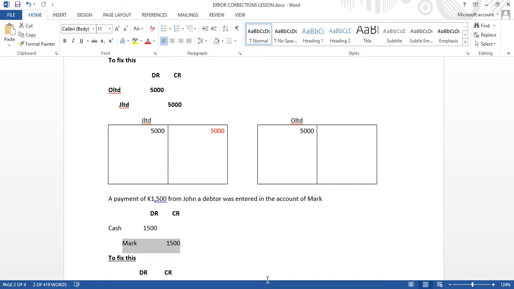Oh, that's where the receivables ledger comes in. The receivables ledger has the T accounts of each individual receivable. Your receivables ledger has all the individual accounts of everyone who is owing you money. So John and Mark will be found in our receivables ledger. A ledger is just a group of T accounts.